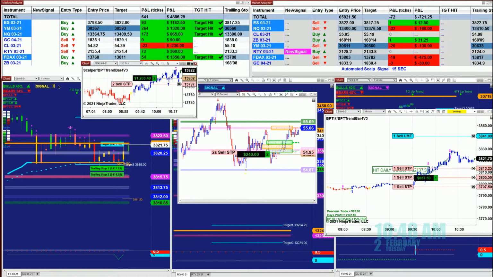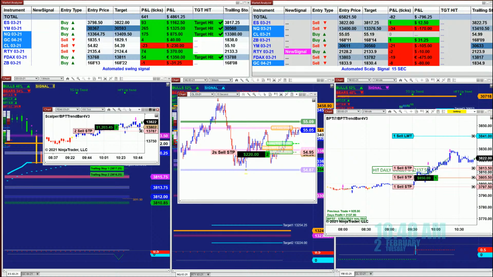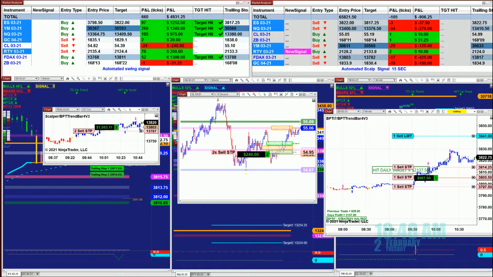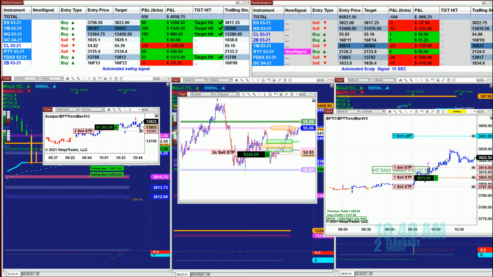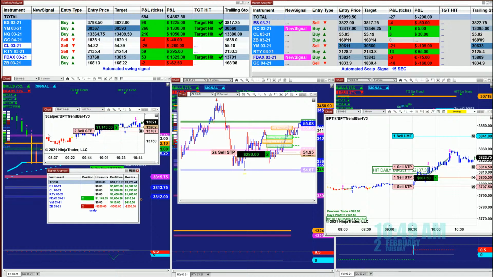The scalper on the DAX, we are testing the 150 ticks today. The 30-year Treasury bond going south.